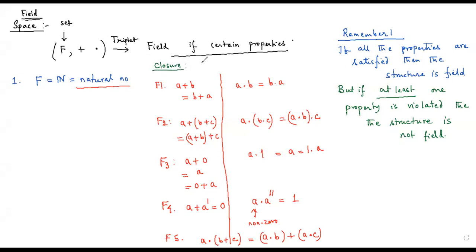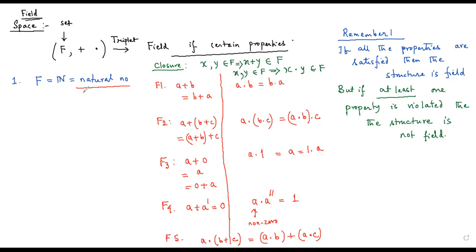Closure property demands that if you choose two elements X and Y from the field, then we must get X plus Y belonging to the set itself. And not only this, their product X dot Y also needs to be in the field. After checking the closure property, we need to check individually whether each of these properties is satisfied or not.